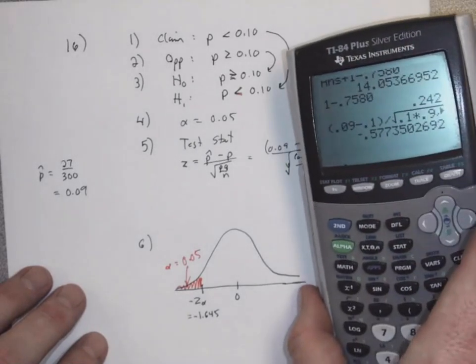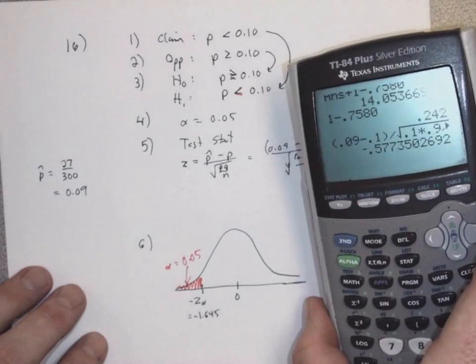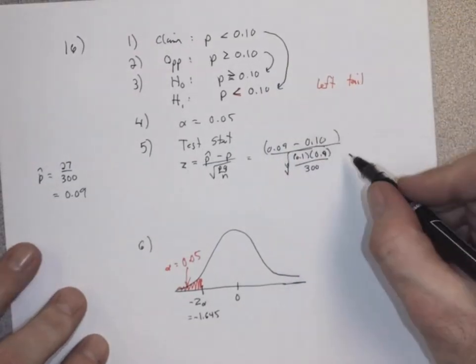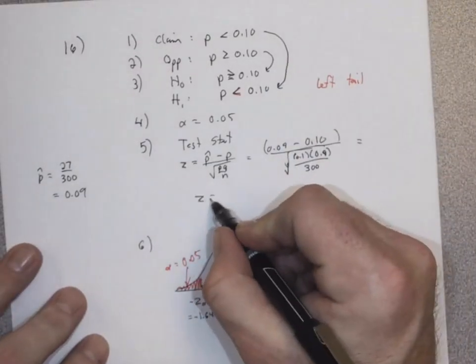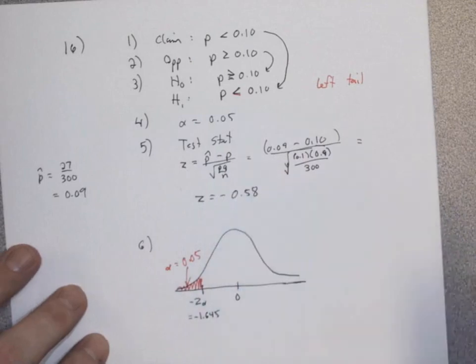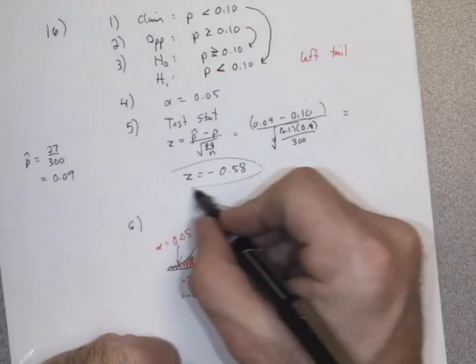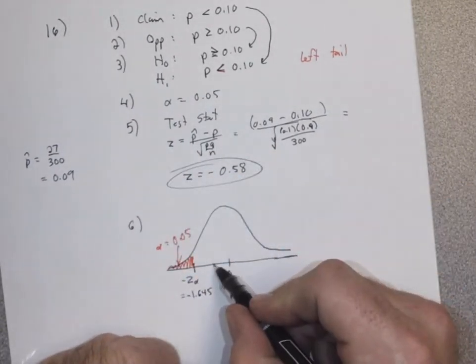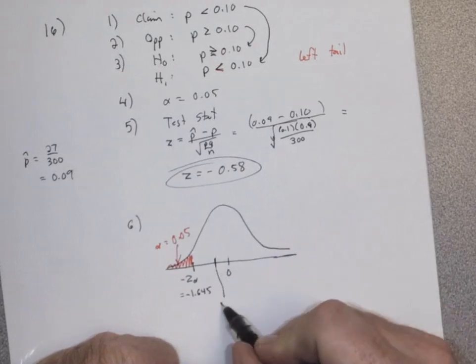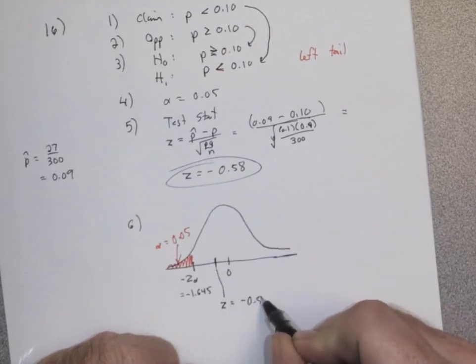What I get is negative 0.58. So Z is equal to negative 0.58, and it lives right about here.